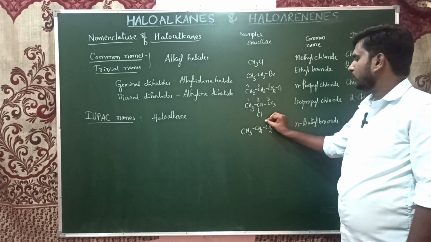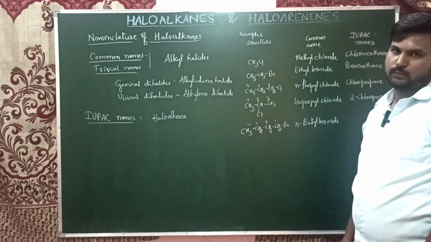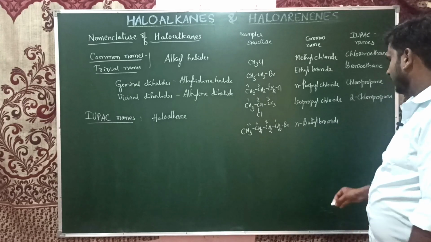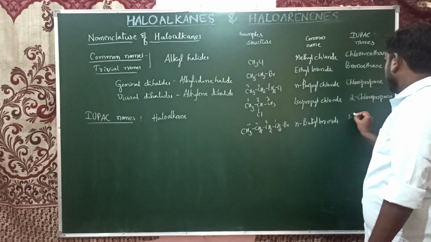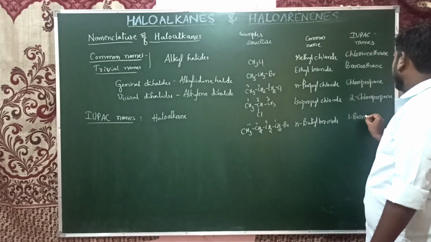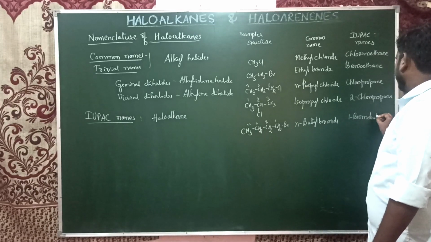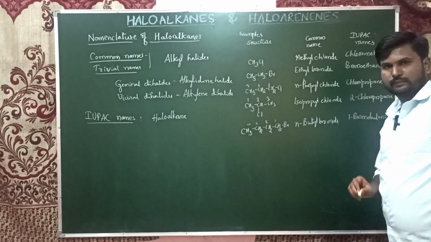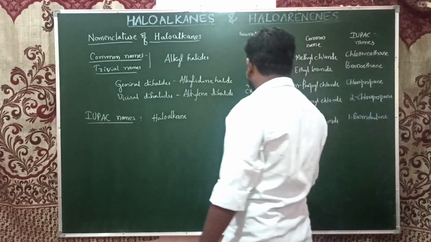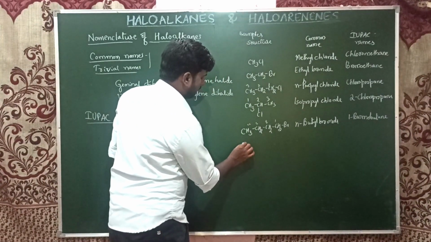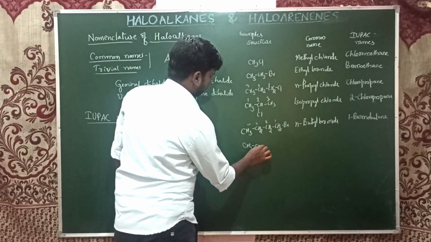Here numbering 1, 2, 3, 4, the bromide substituent is at the first carbon. So it is 1-bromobutane, or just bromobutane.